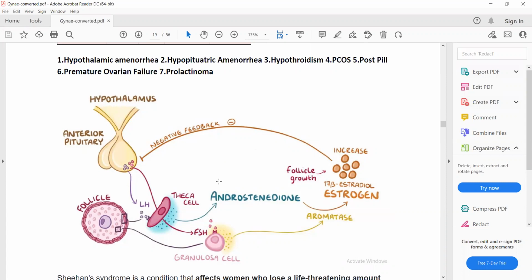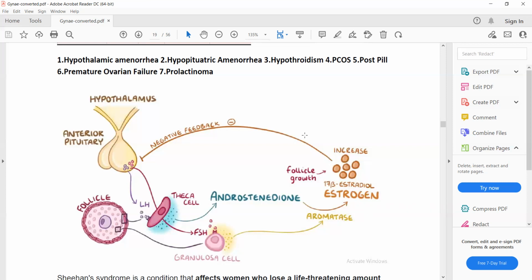So this excessive androgen will lead to the signs and symptoms of polycystic ovarian syndrome, because all of this androstenedione will not be converted by this aromatase enzyme into estrogen. So the basic abnormality in polycystic ovarian syndrome is not less production of estrogen, because in polycystic ovarian syndrome, estrogen levels are almost normal or even mildly increased.